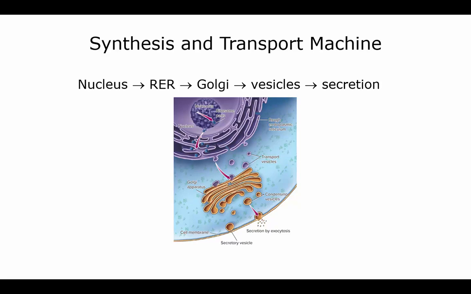So the way things are made and moved, ribosomes are made in the nucleus, and they move out through the rough ER, and they make proteins. And the proteins then move to the Golgi apparatus, where they are modified and packaged up into little vesicles that are then secreted by exocytosis from the cell.